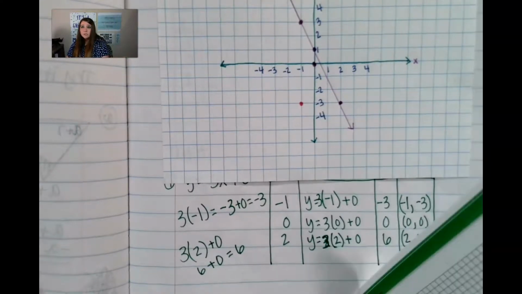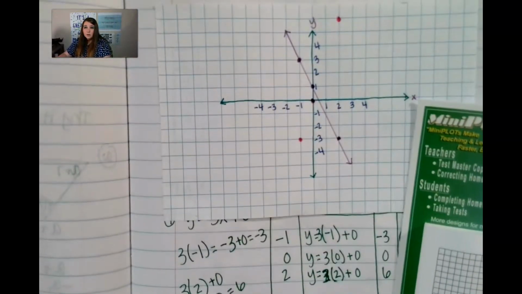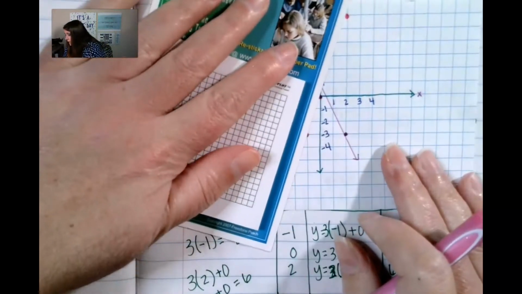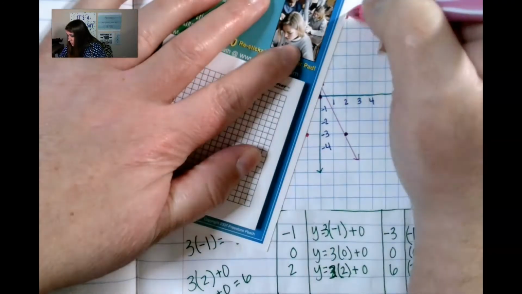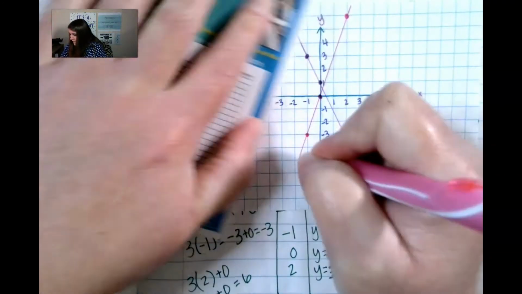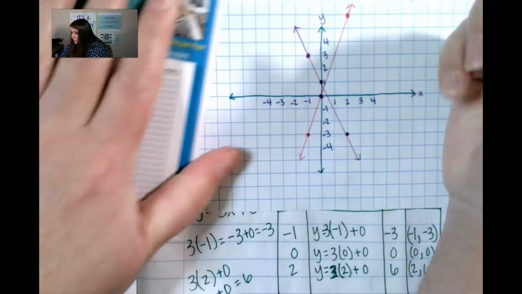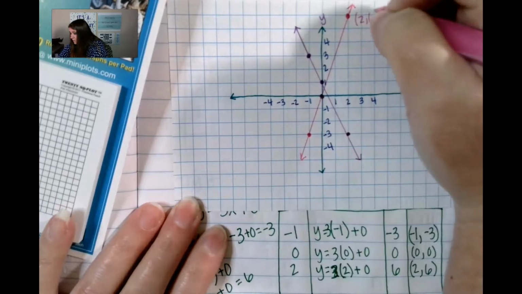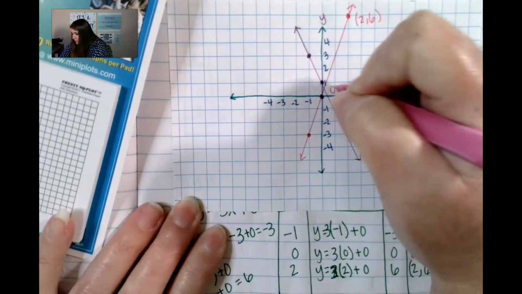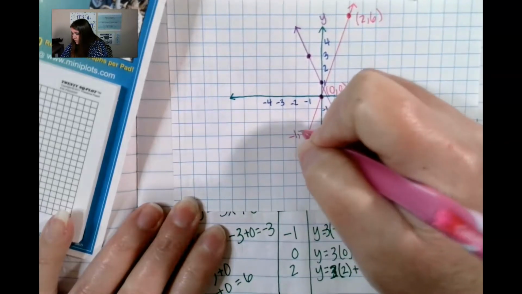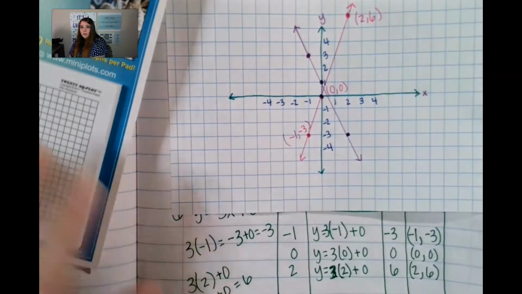You cannot see 2, 6 there. There we go. Now I'm going to connect my dots. And I get a straight line, so we know it's a linear equation. So 2, 6. This one here is 0, 0, and this one is -1, -3.